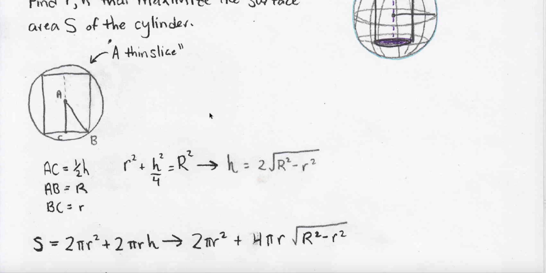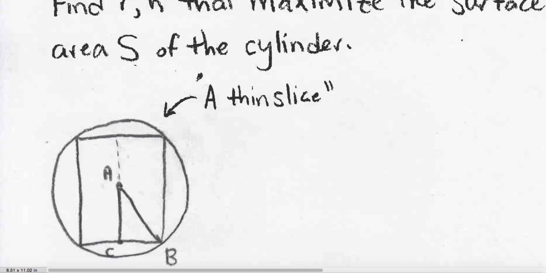We want to do this because at this stage in our study of calculus, we can't maximize or minimize a multivariable function. So we want to get our surface area in terms of one variable. So by looking at this picture here, I'm going to zoom in.